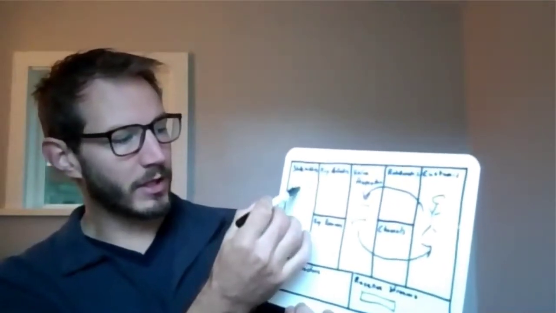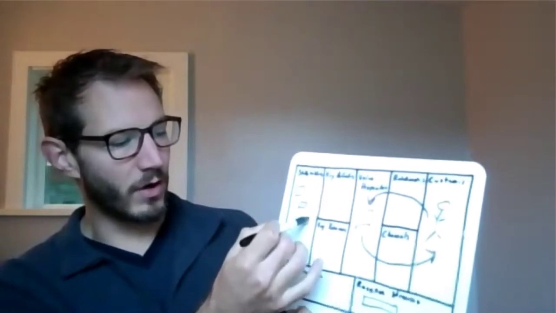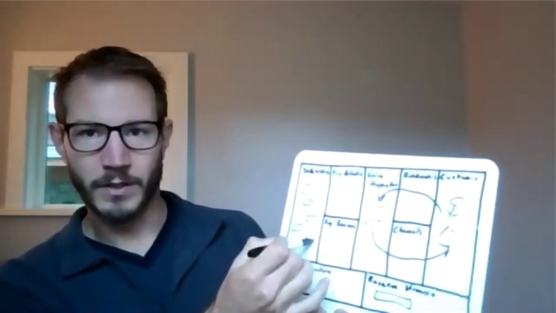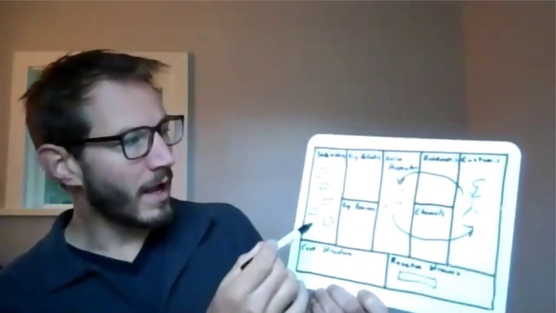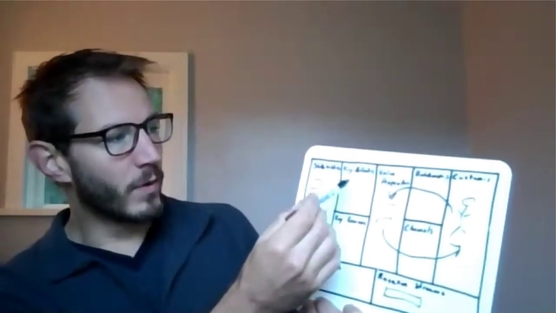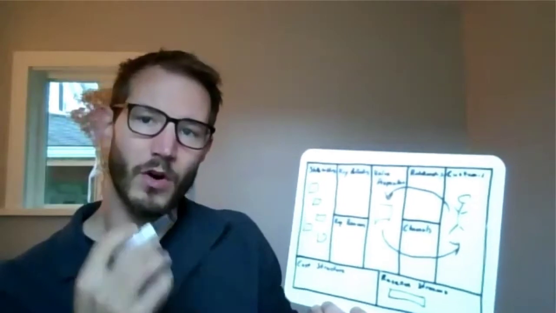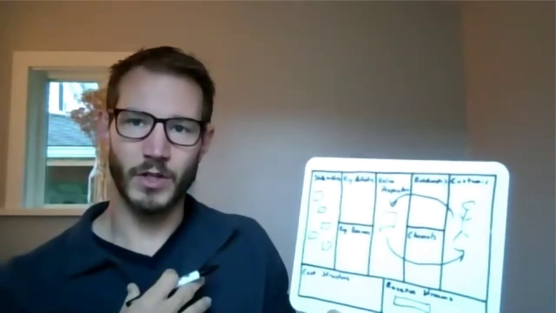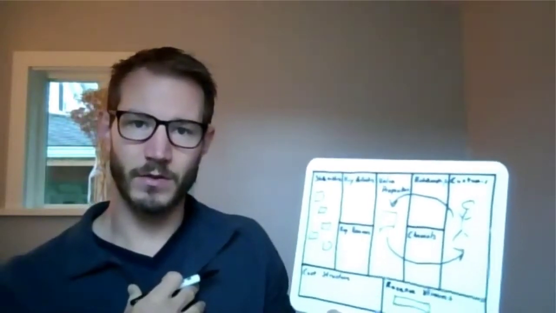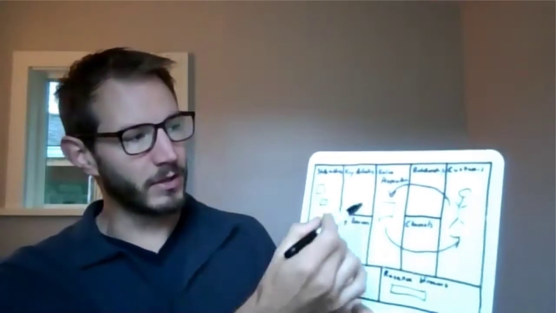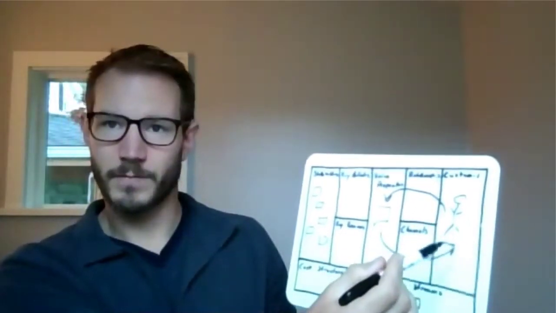We've already talked about the stakeholders, that you'll list out all of the people that might be involved on this side. Once you've done that, you want to start up top with key activities. The key activities are all of the critical things you need to do as an organization to be able to deliver that value to your customers.